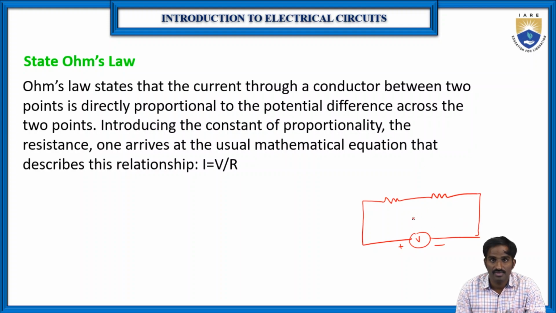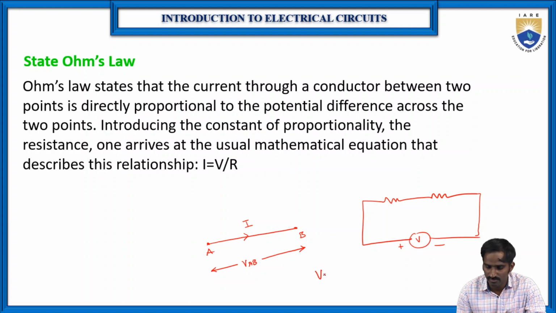Right? So Ohm's law states that the current through a conductor between 2 points is directly proportional to the potential difference across the 2 points. Let us consider a conductor whose two ends are A and B. The current is flowing through the conductor from point A to B. Let us consider this current I, which is directly proportional to the potential across the 2 points, the voltage VAB.